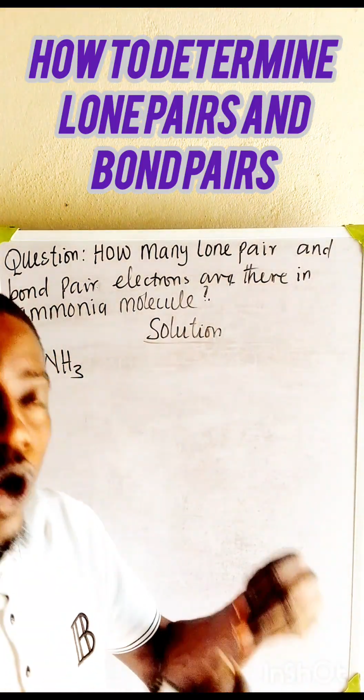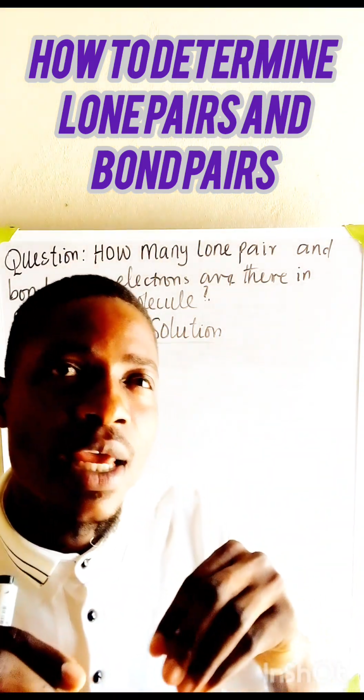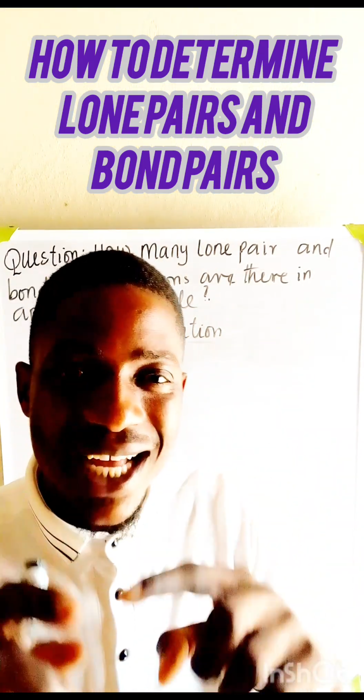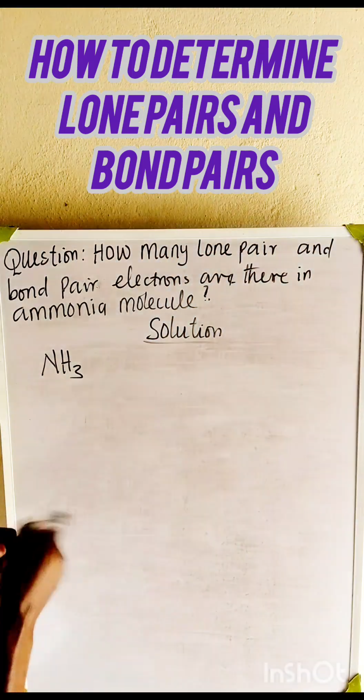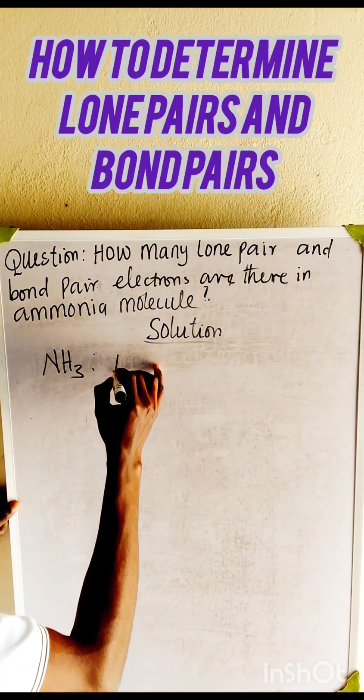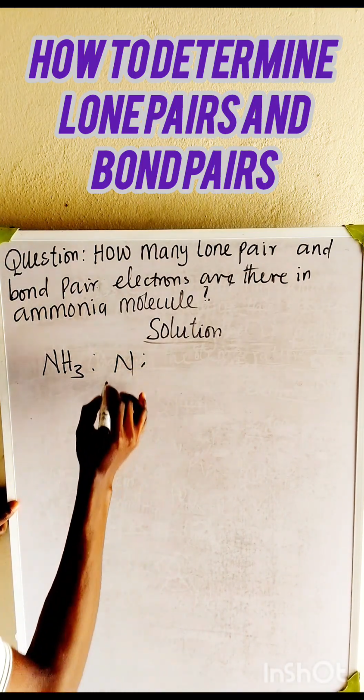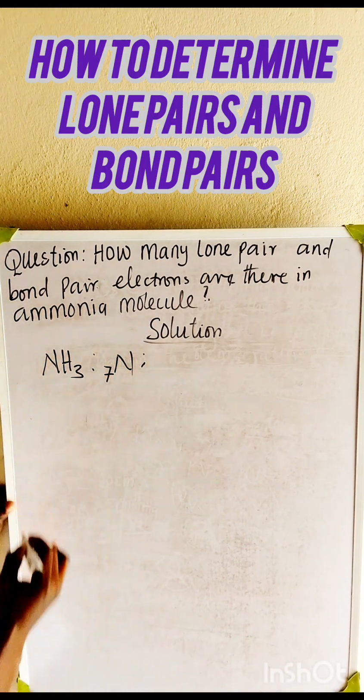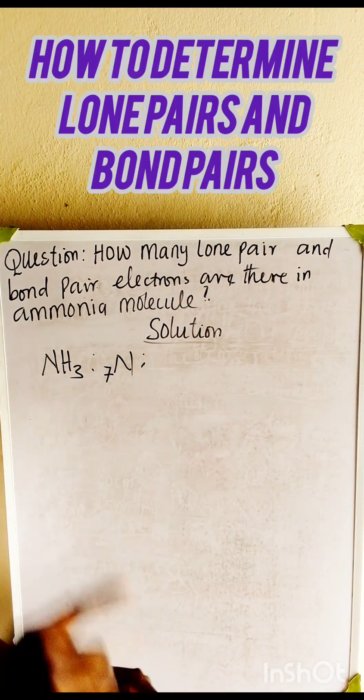The second thing we are going to do is to determine the valence electron of each of the atoms that constitutes ammonia. The first element we have here is nitrogen. The atomic number of nitrogen is 7. Let's determine the valence electron.